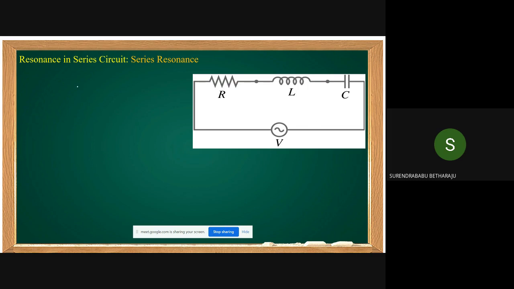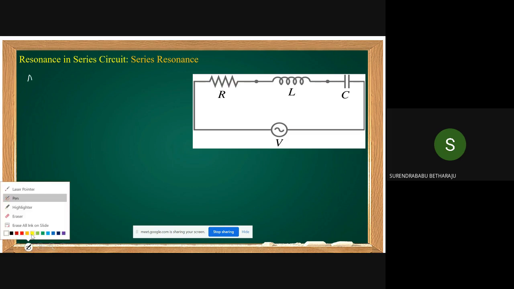Now tell me, at resonance condition, I told you already the circuit is purely resistive. The resistor, inductor and capacitor are connected in series.